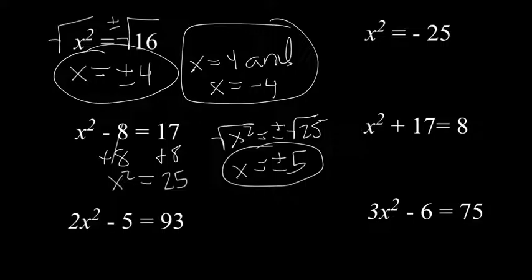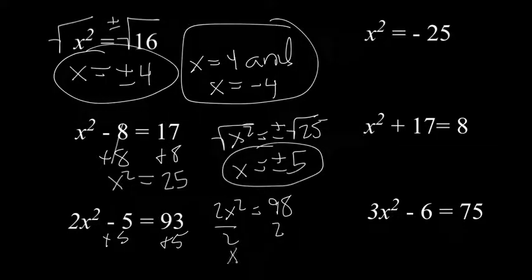All right, a few more steps on this next one here. We start off by adding 5 to both sides. That gives us 2x squared is equal to 98. Then we divide both sides by 2. We get x squared is equal to 49.